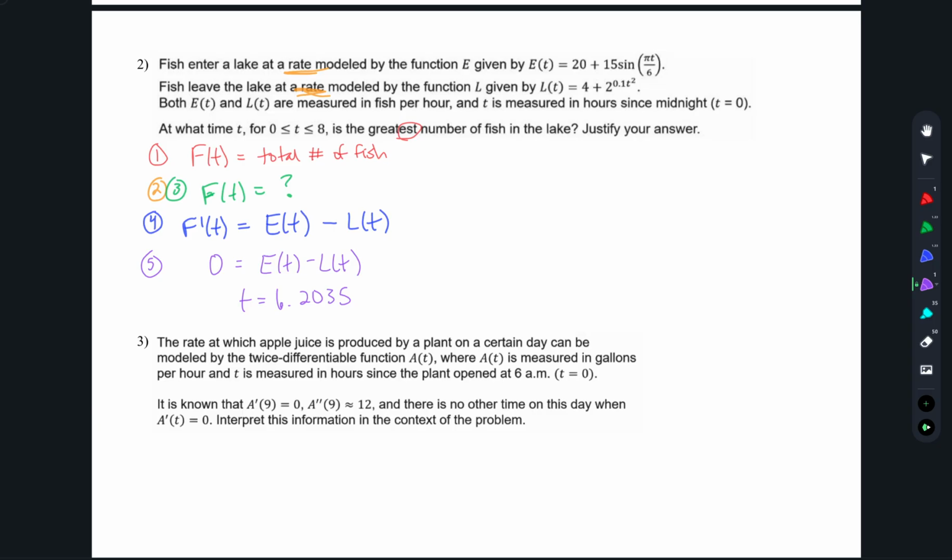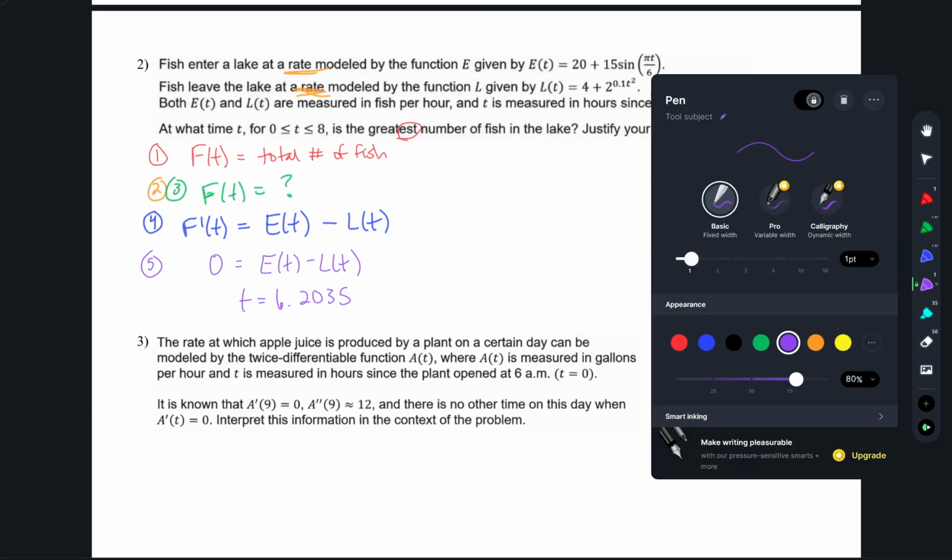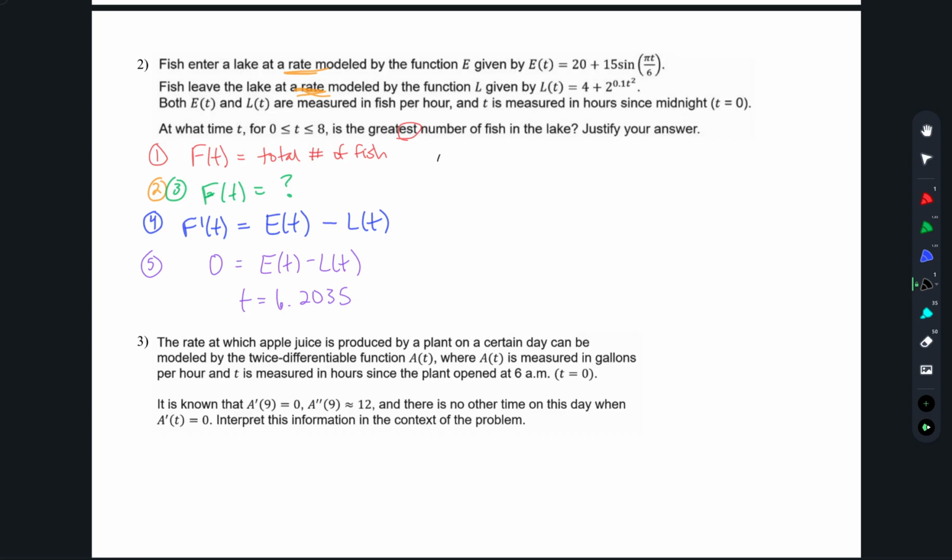Okay. So now we get even sassier. Now, to justify that this is the for sure greatest number of fish in the lake, you could look at your sign chart with those functions. Another way you could prove it is taking the second derivative and making sure it's negative. That's actually the easiest way without a chart.